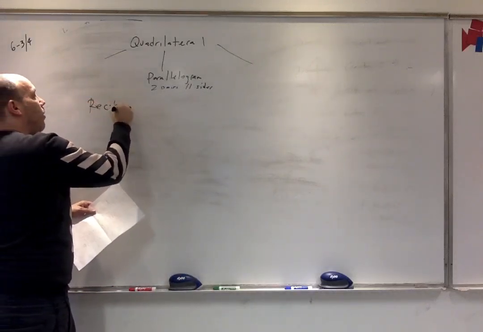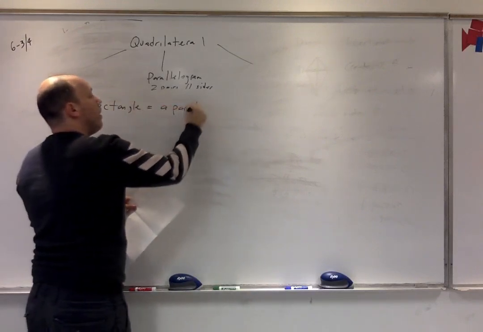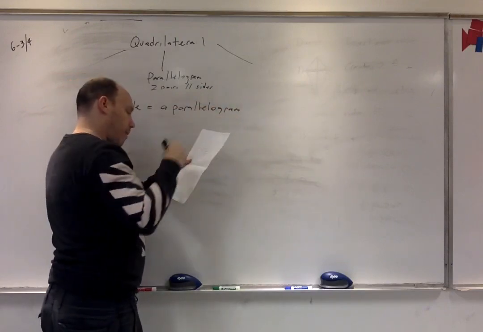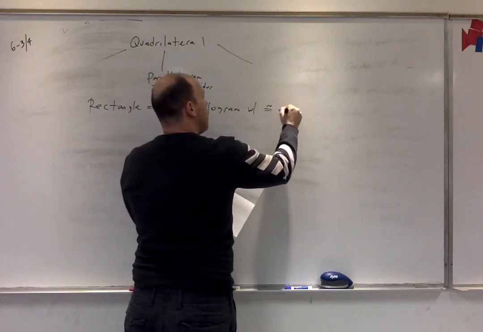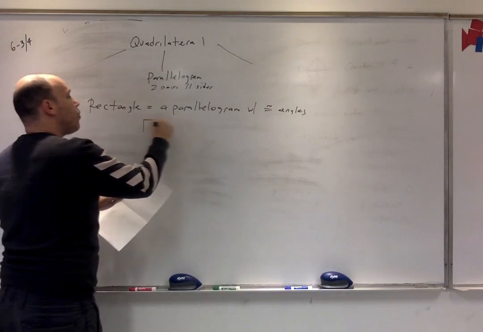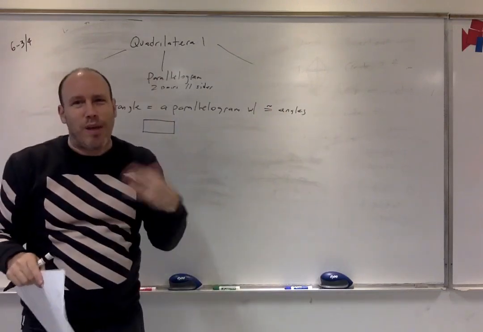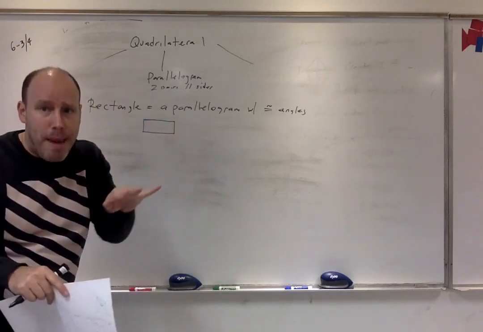A rectangle is a parallelogram with congruent angles. It's visually going to look like this. We haven't defined square, but maybe the sides are congruent, maybe they're not.